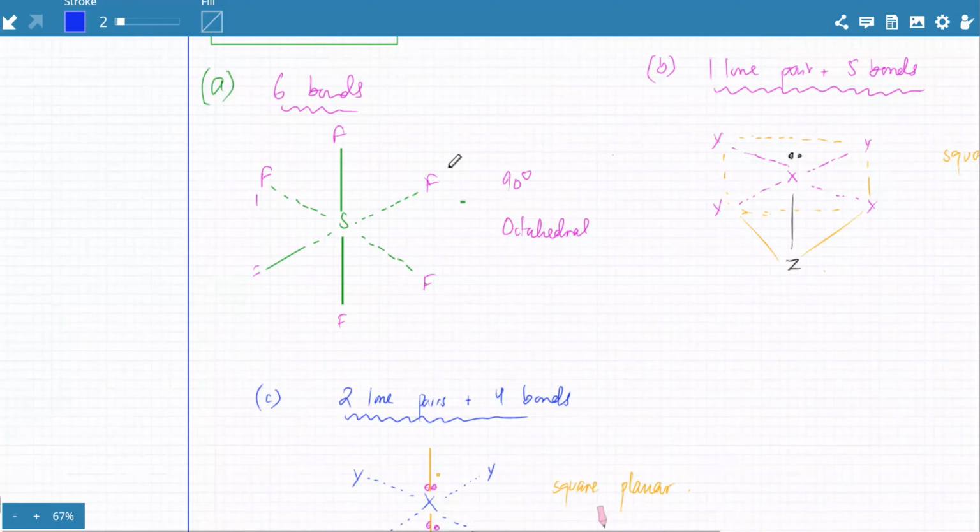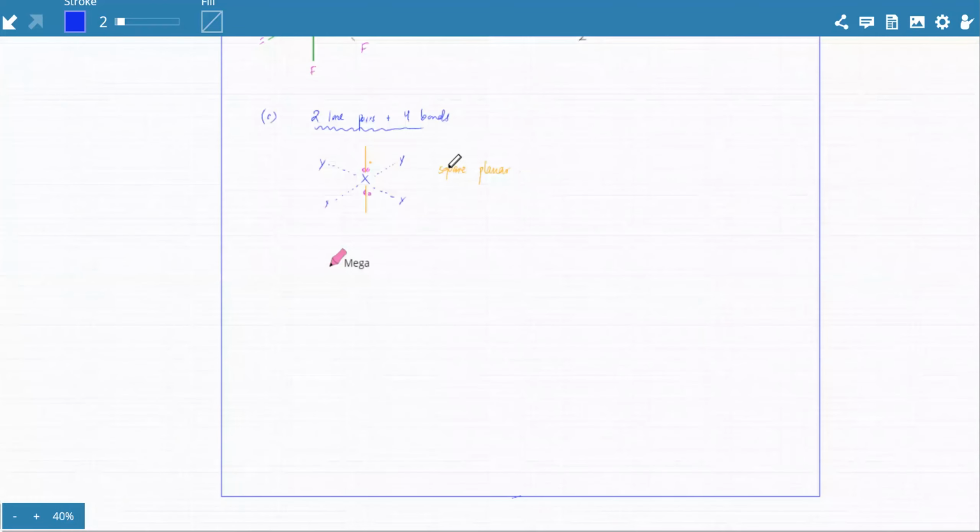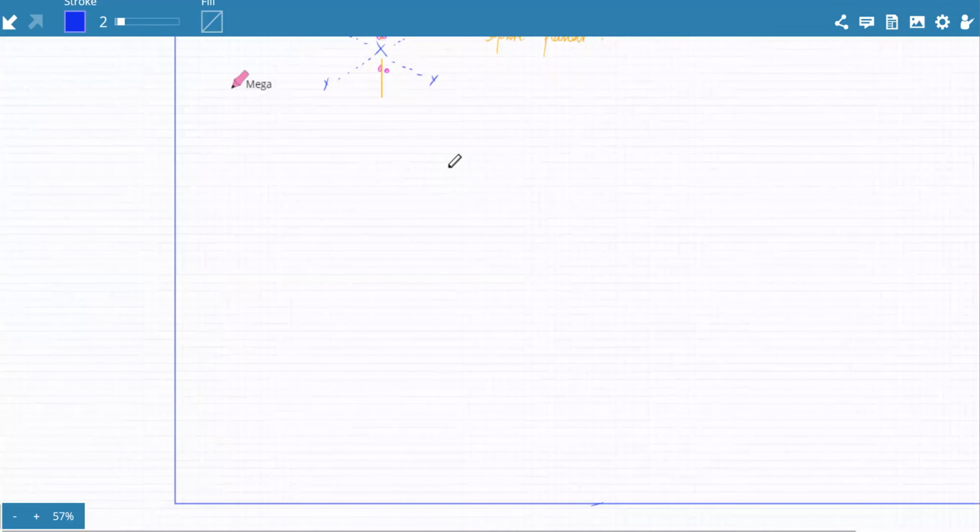Based on this, I'm going to give you a question. Try and tell me what the shape is and what the angle is. Let me draw the molecule first.